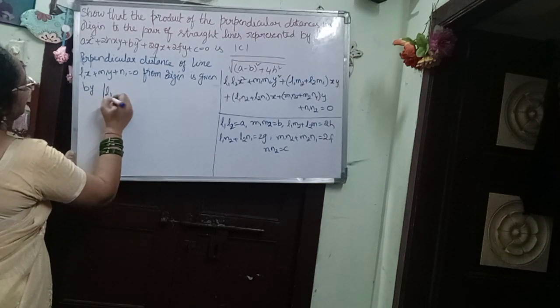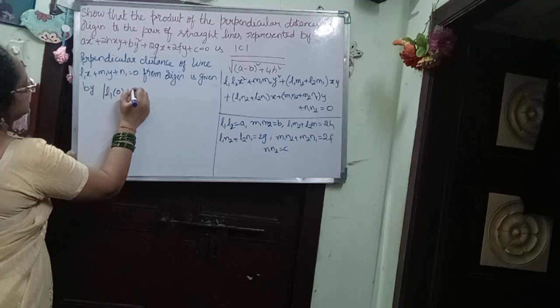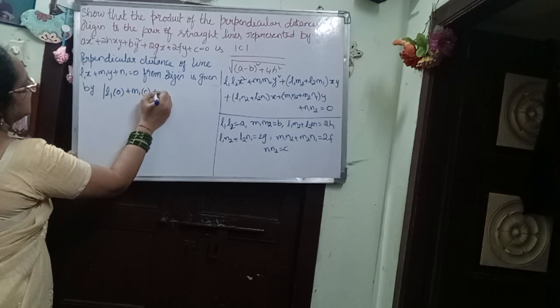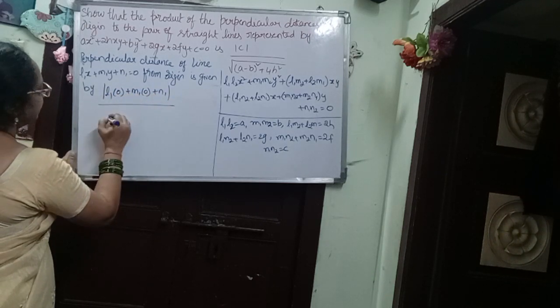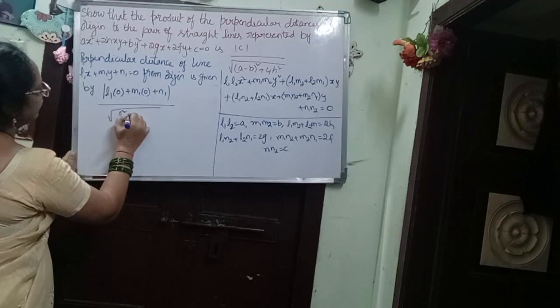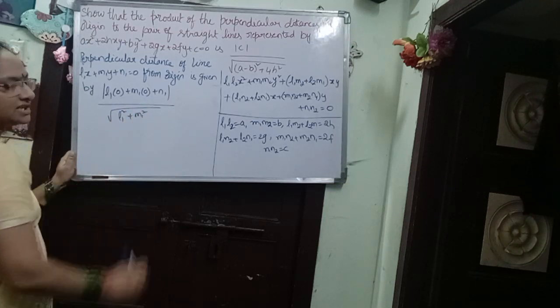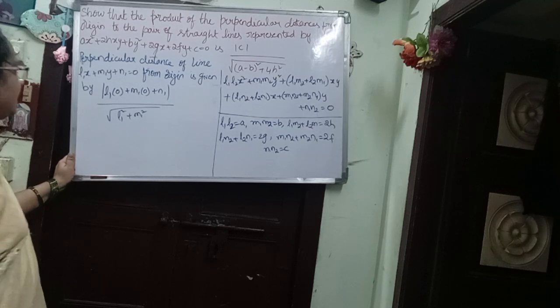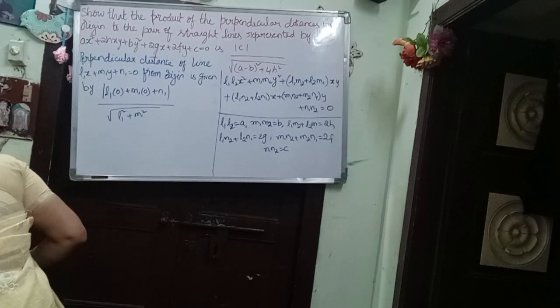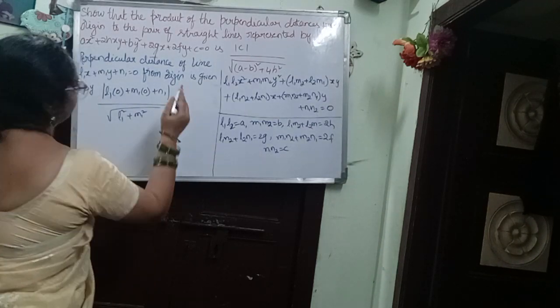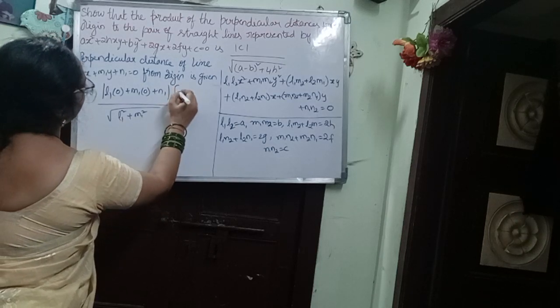Mod of L1 into 0 plus M1 into 0 plus N1 by root of L1 square plus M1 square. This is the formula, right? What is that formula?